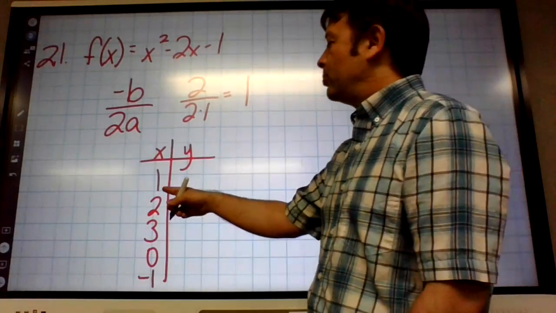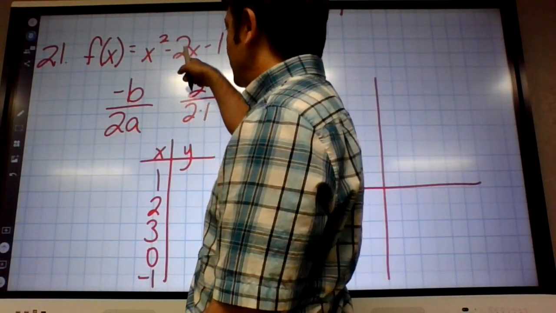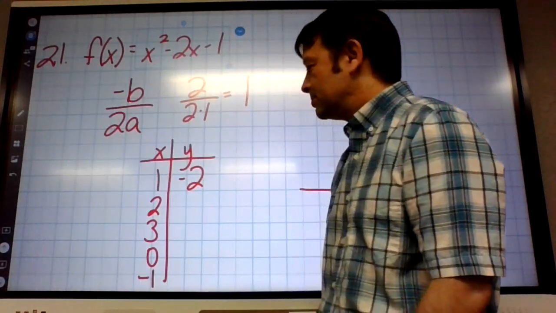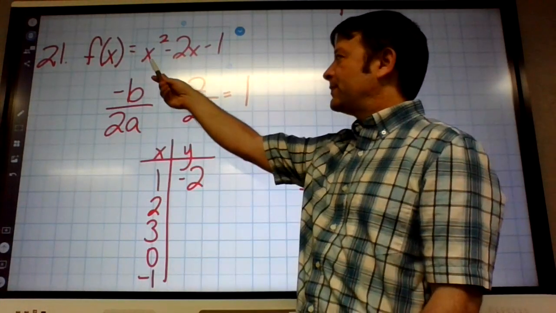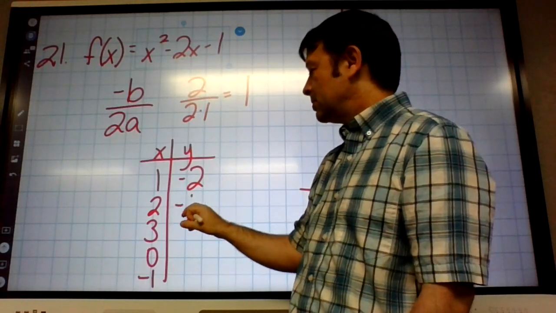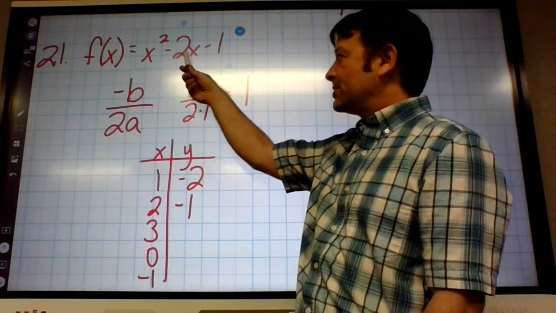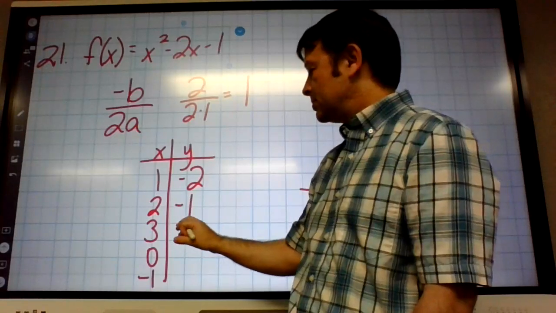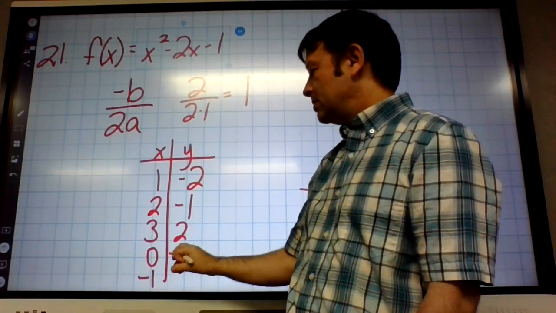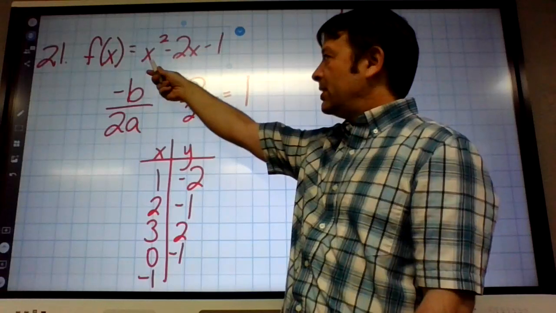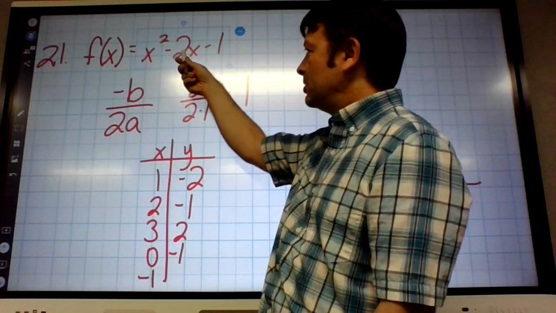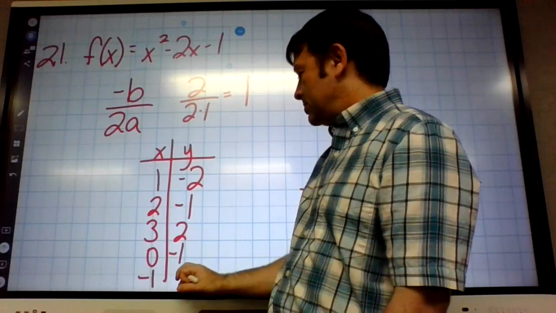If I plug in 1, 1 squared minus 2 times 1 is -1 minus 1. 2 squared is 4, minus 4, minus 1. 3 squared, 9, minus 6 is 3, minus 1. 0 minus 0 minus 1. -1 squared is 1, minus 2 times -1 is plus 2. 3 minus 1 is 2.